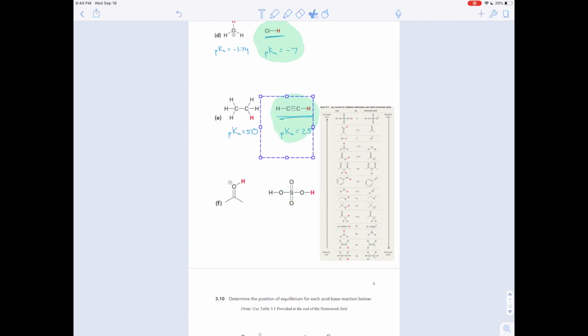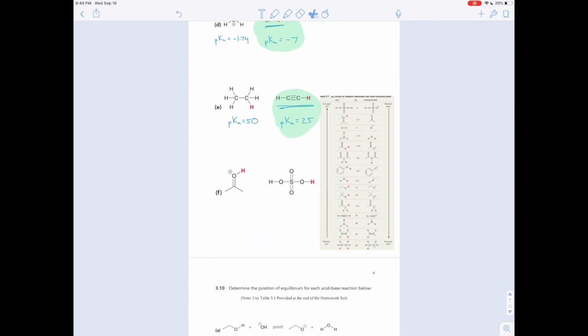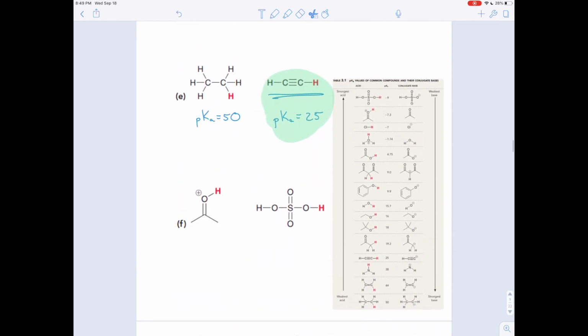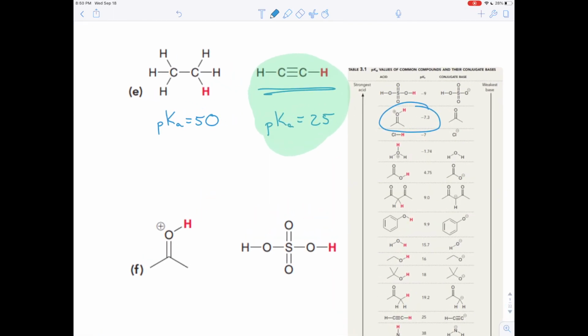All right, so then, for this last one here, we can compare these two molecules. We're looking for, first, that carbon double bonded to oxygen with the hydrogen on it. We see that that there has a pKa of negative 7.3, so it's pretty acidic.